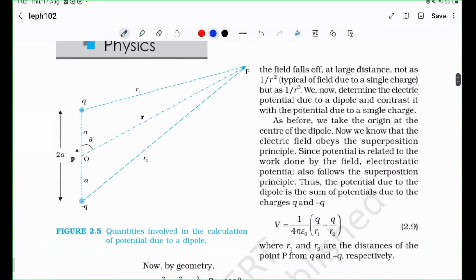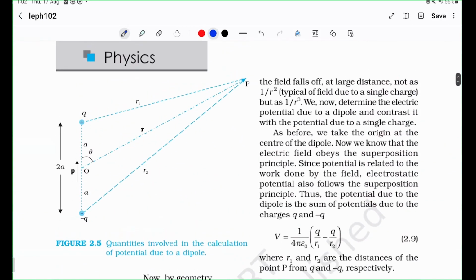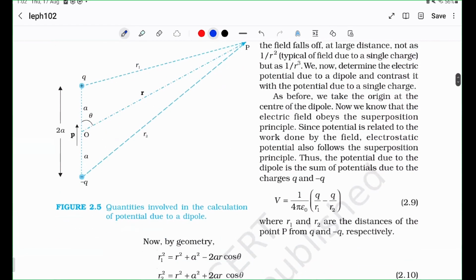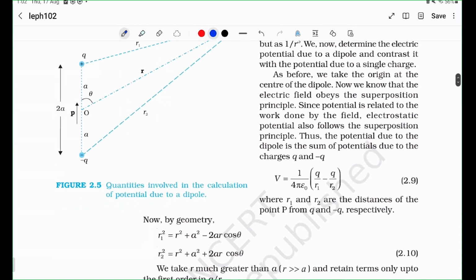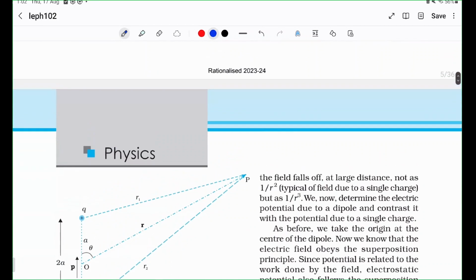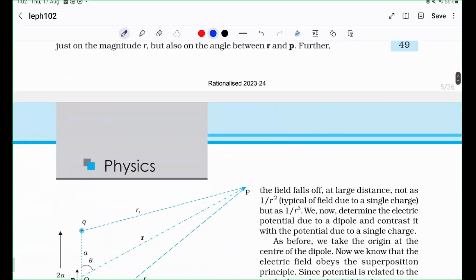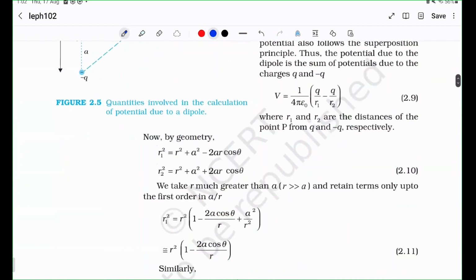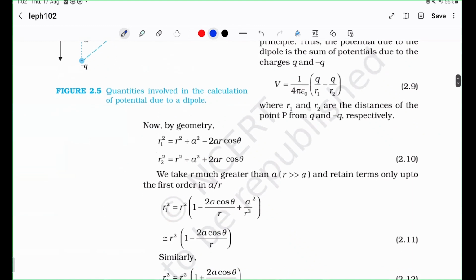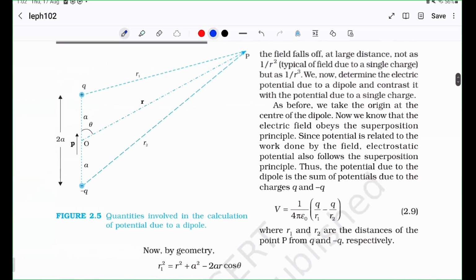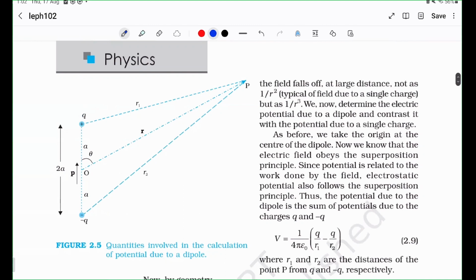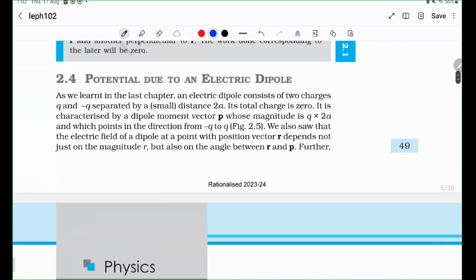So now you have different things like potential due to a dipole. So all of these are derivations really. So in the potential due to a dipole, let's look at what the word means.